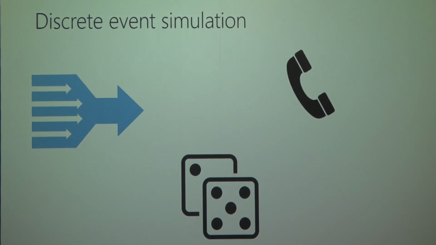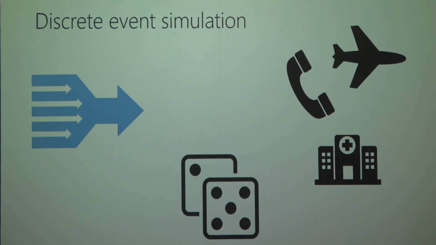Examples where this is used a lot are call center optimization, because there it's random when the phones come in. Boarding of airplanes, what kind of strategies should you use? Hospital scheduling, so how many spots should we leave open for urgent cases? What is the probability if we do it like this that somebody will not be able to get the help that we need, and how much will it cost? And factory assembly lines, so that's the case that we will look at now.